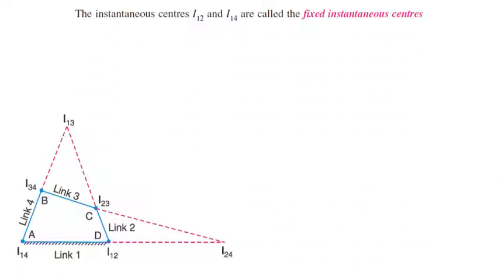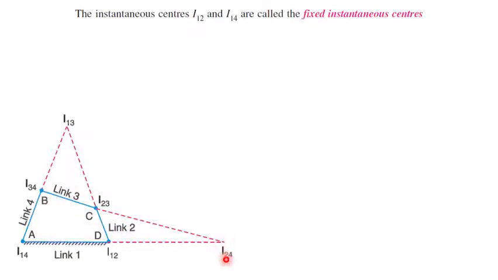Here, see, this is a 4-bar mechanism. For this 4-bar mechanism, we can locate the instantaneous centers like this; the location of instantaneous centers will be discussed at a later stage. Here I12 represents the instantaneous center of link 1 and link 2, I14 represents the instantaneous center of link 1 and link 4, I34 represents the instantaneous center of link 4 and 3, and I23 represents the instantaneous center of link 2 and link 3.